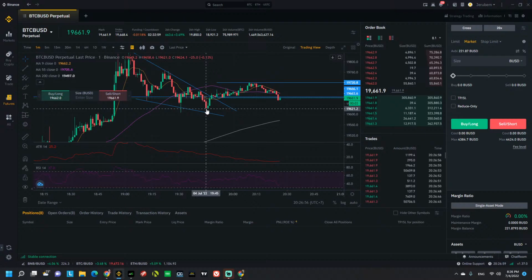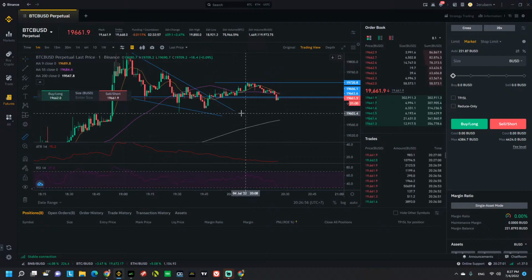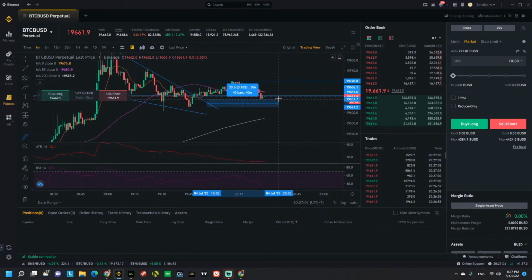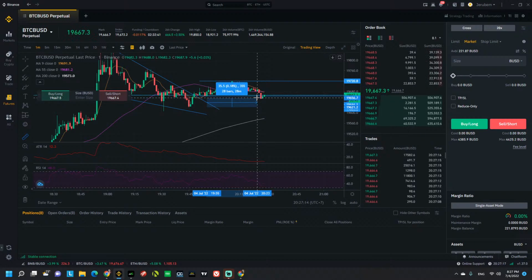I'm looking at this target. Doesn't look like a good target. 355 points.